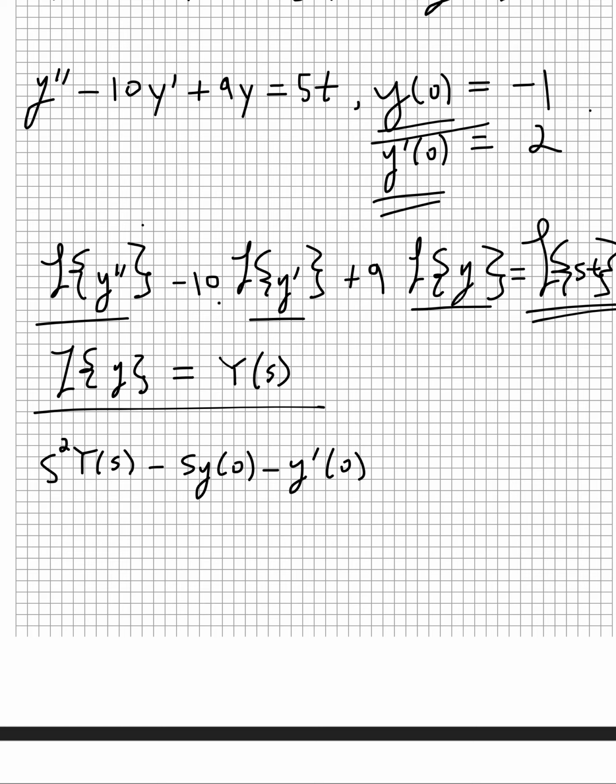Now we do the next one, which is minus 10, and this is the Laplace transformation for the first derivative. So minus 10 times s times Y of s, minus y of 0.